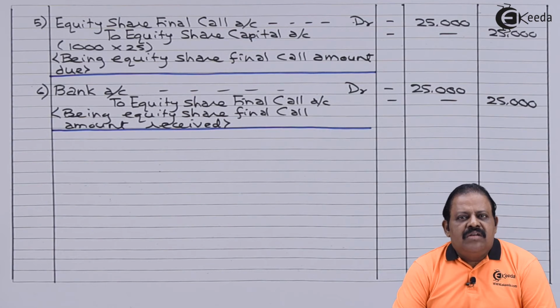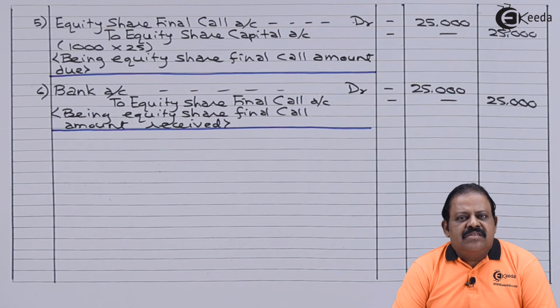At final call, one entry is for demanding the final call and another entry is for receiving the final call. One thing you can note here, at the time of application we are not aware exactly how many applications we are going to receive.